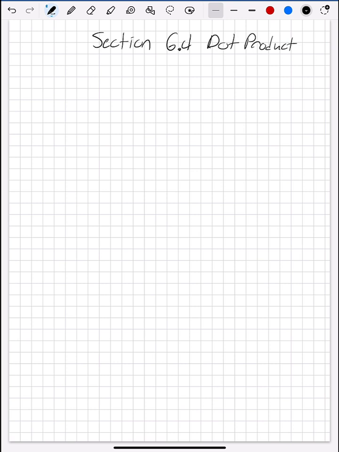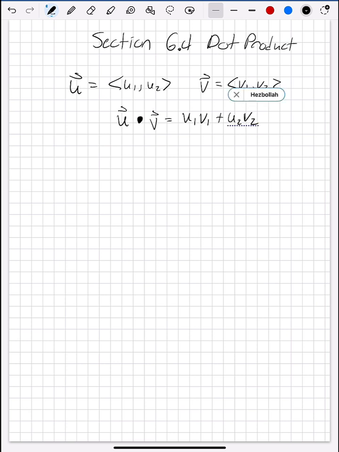If we have vector u with components u1 and u2, and vector v with components v1 and v2, then the dot product, which we denote with just a dark circle, a little bit bigger circle than what you would use for multiplication, is the component u1 times v1 plus the component u2 times v2. So that is called the dot product.